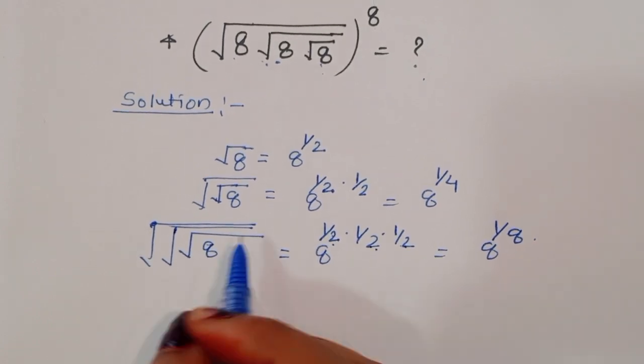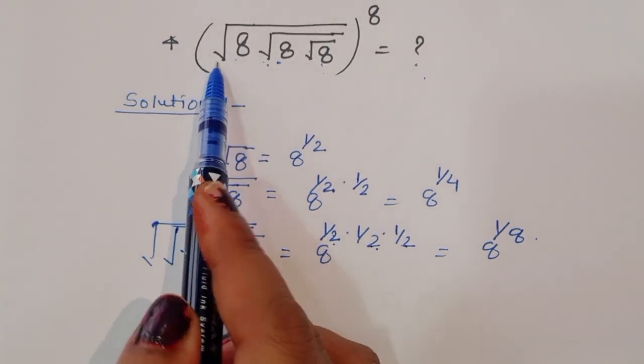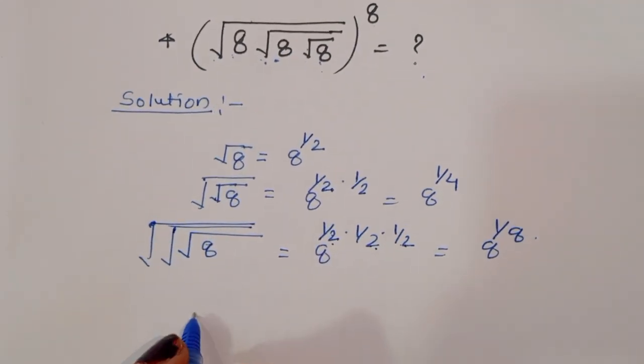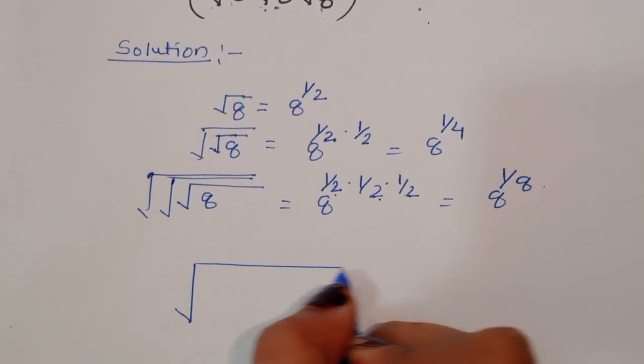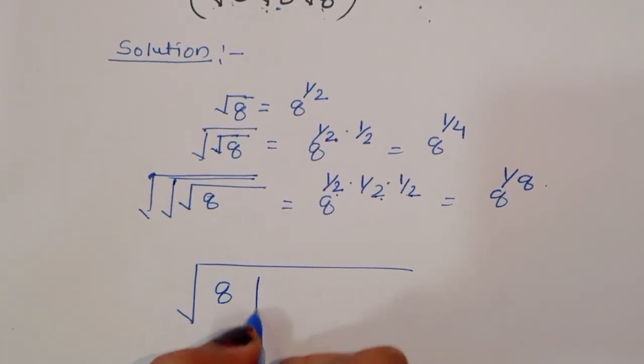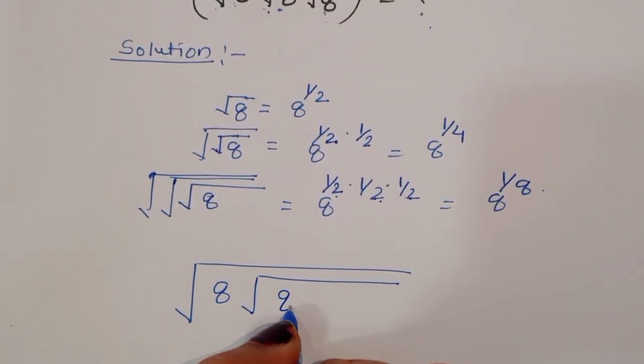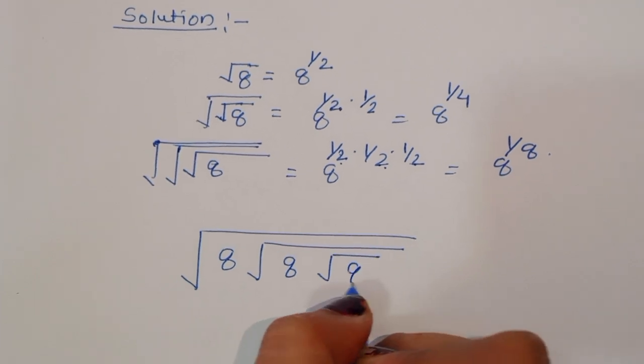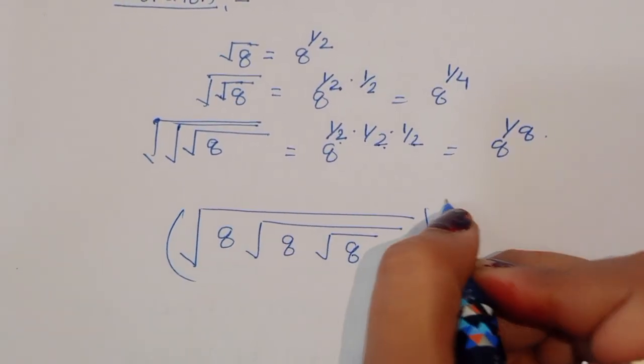Right? Now we have to simplify this one. First we take the question here: square root of 8 under square root of 8 under square root of 8 power 8.